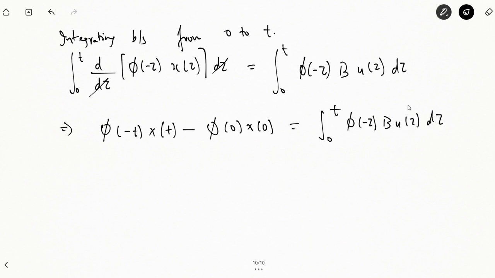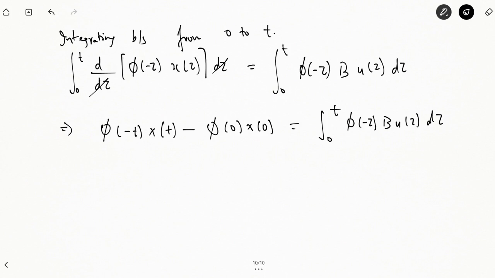Right? The right hand side we cannot integrate, because on the left hand side d and d tau simply got cancelled. The integral and the differential basically got cancelled.